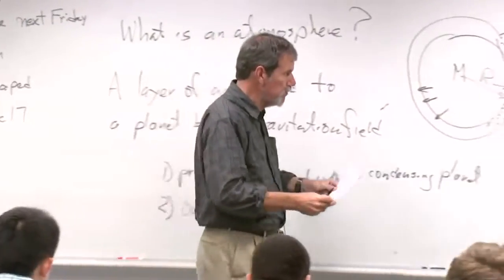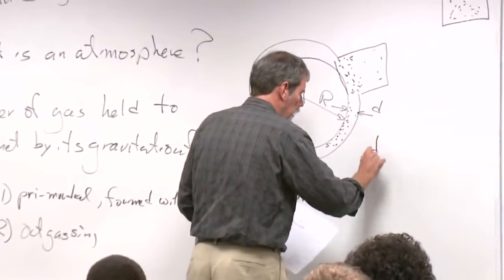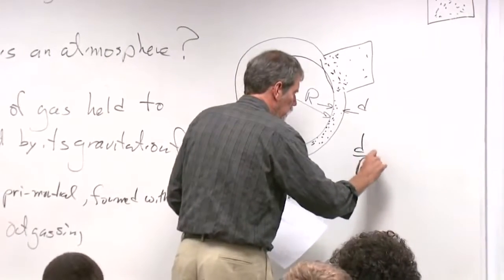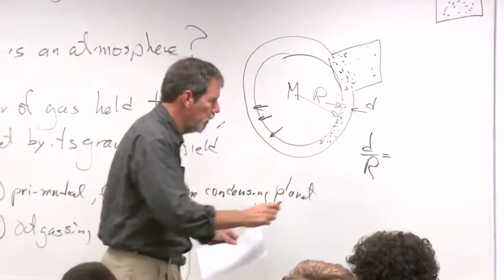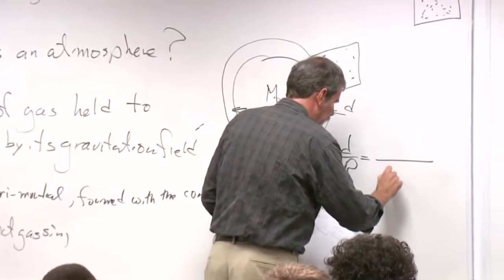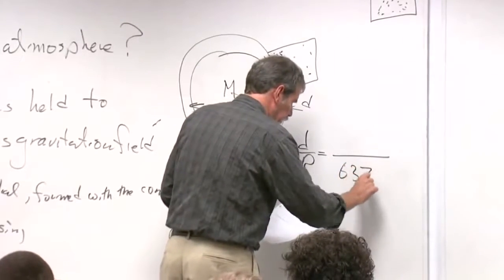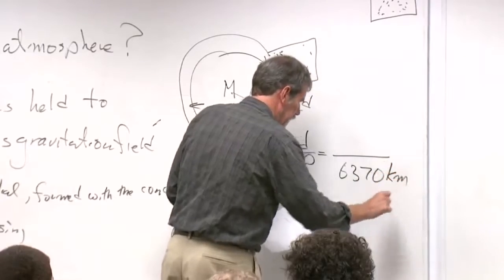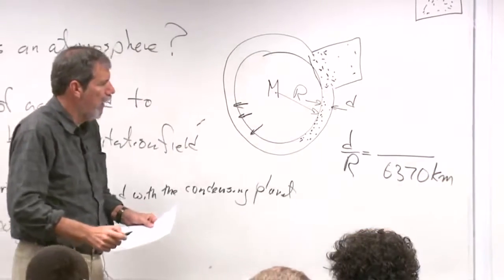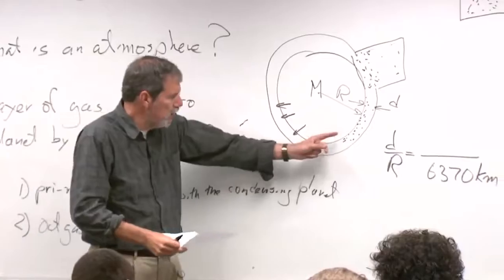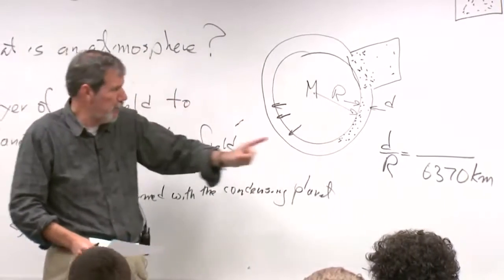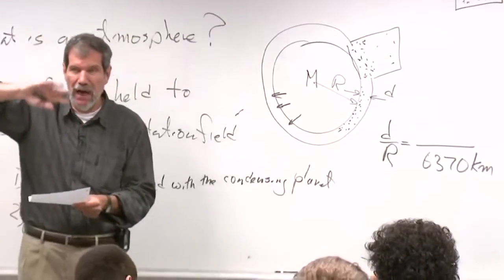Actually, the ratio is much smaller than that. If I take the ratio of d to r, for the Earth, the radius is about 6370 kilometers, whereas the depth of the atmosphere, it's a little bit hard to define because it has a gradual top.